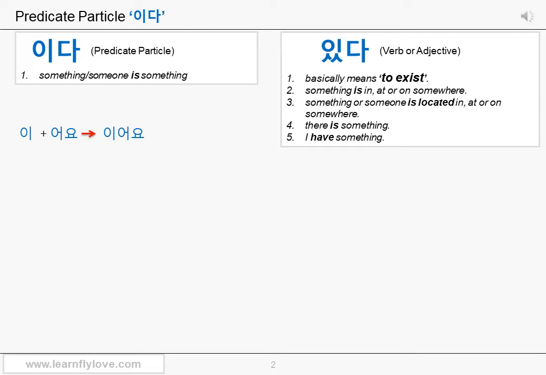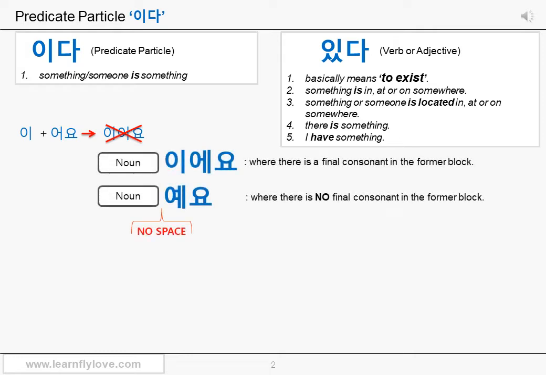But unfortunately, this 이어요 is not used in modern Korean anymore. What is used? Where there is a final consonant in the formal block, 이에요 is used. Where there is no final consonant in the formal block, 예요 is used.